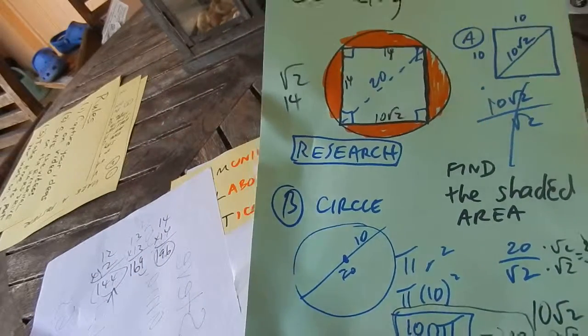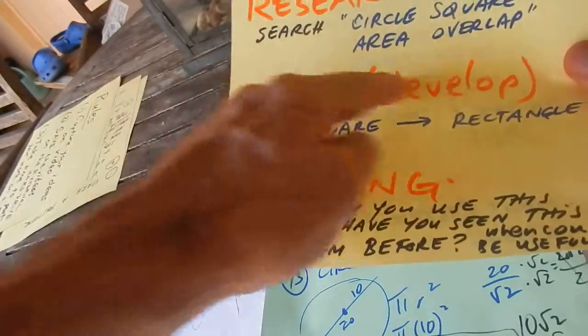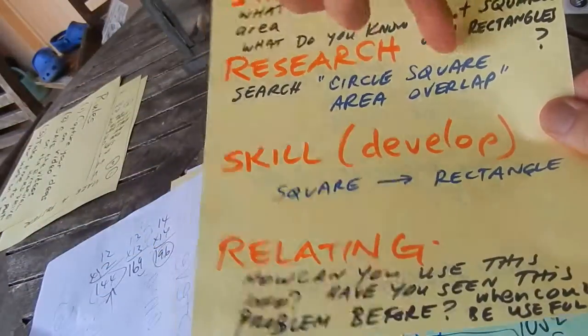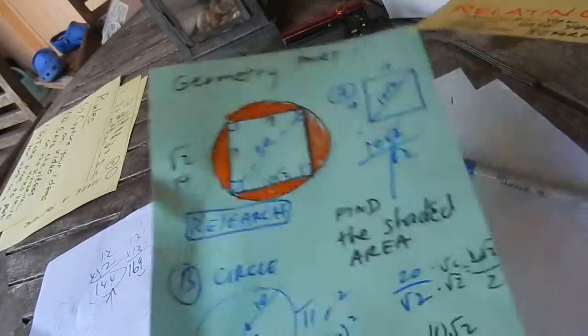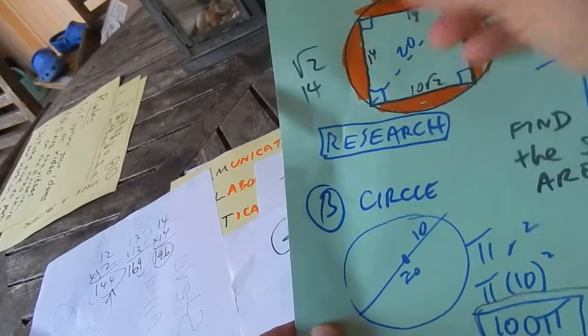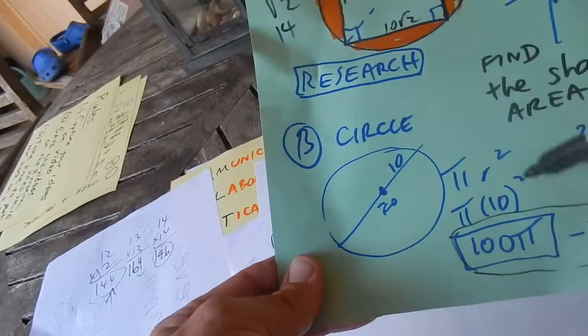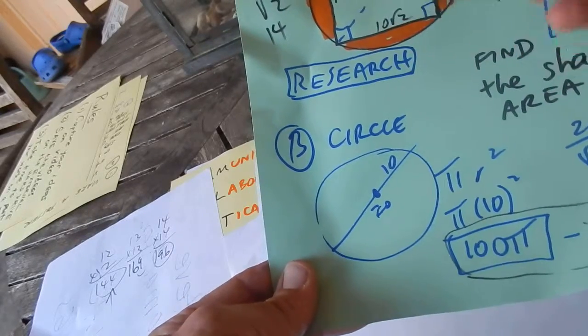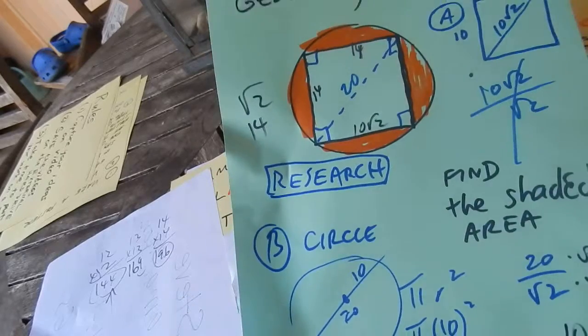Let's reflect then, as far as this skill goes: how do we handle this thing with circle and square area overlap? In this situation, we find the circle and we subtract the square to find the shaded area.